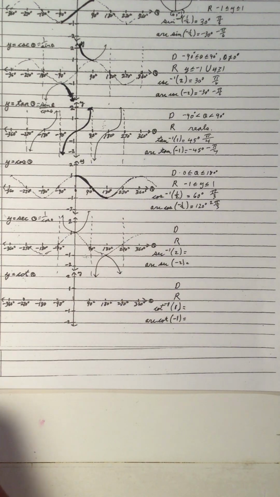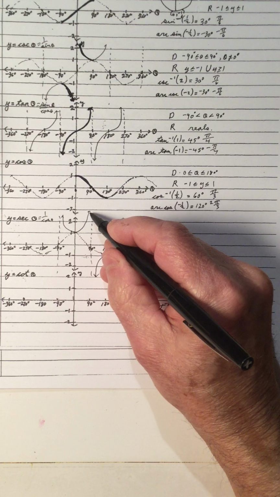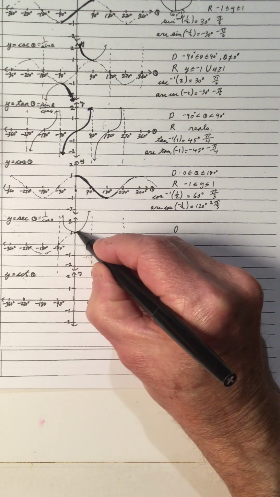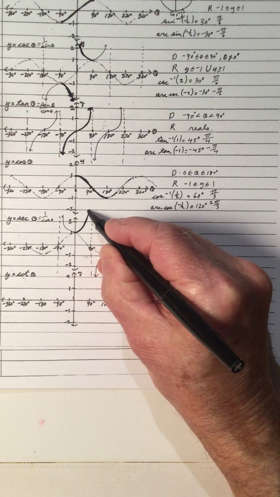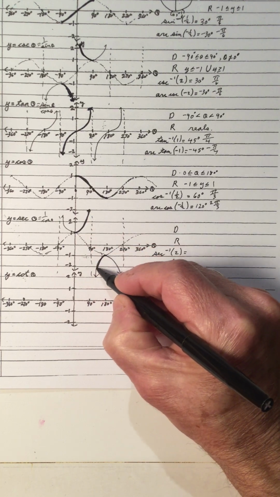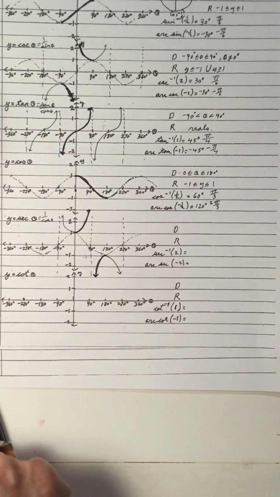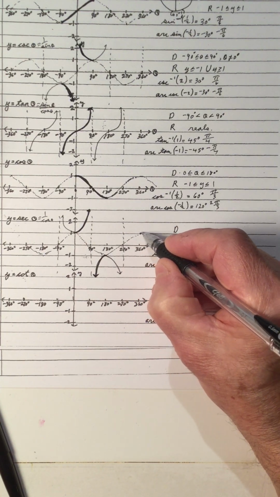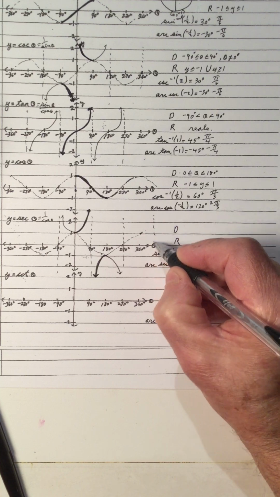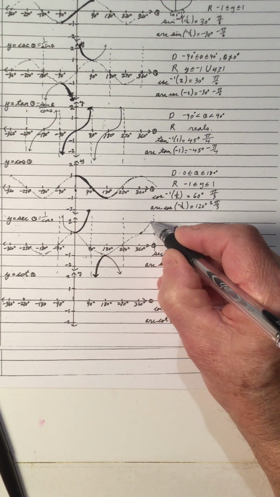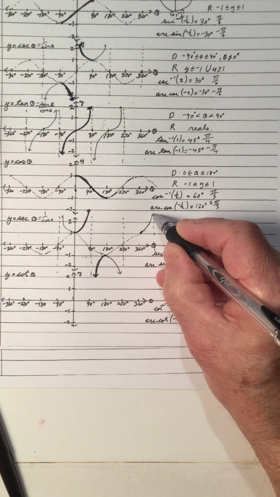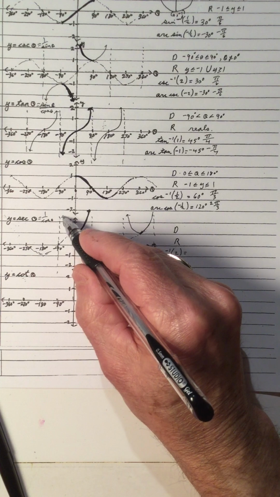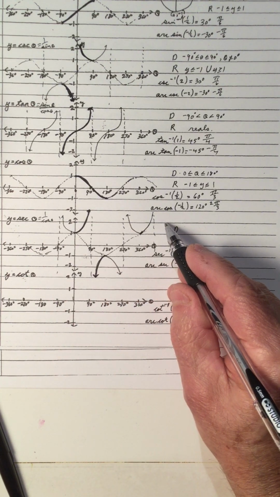So if I do the restrictions now, the restrictions are right here. Because if you draw another one of these, which is like this, remember it fails the horizontal line test because it passes through many points.